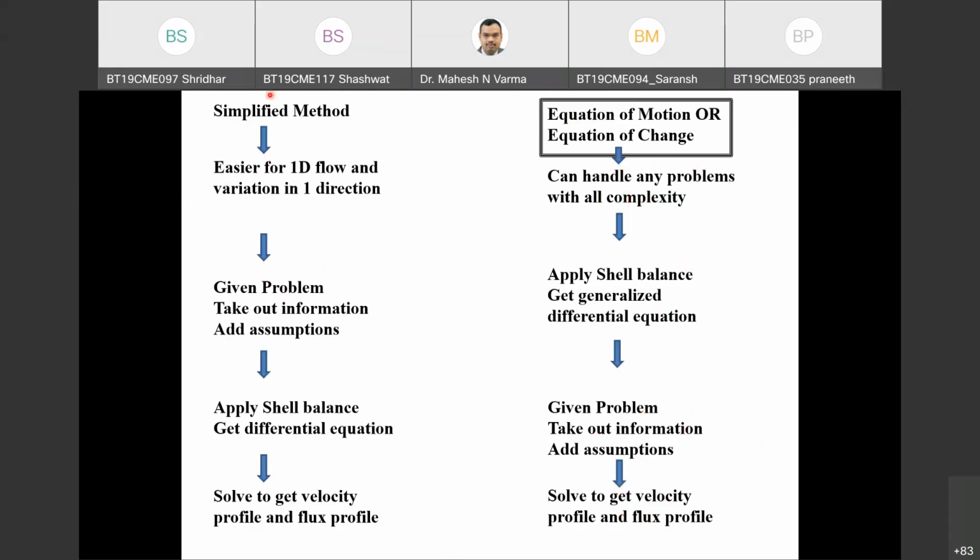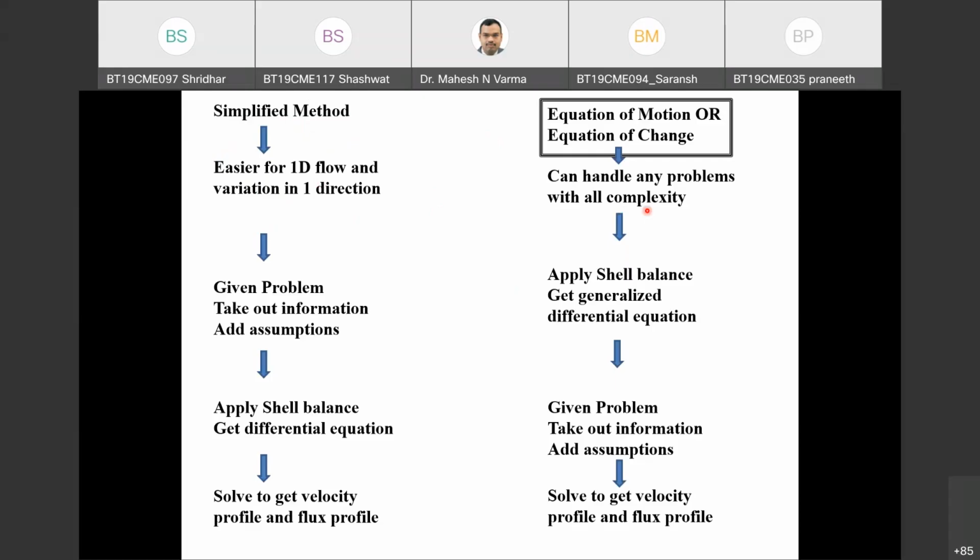The simplified shell balance approach may not be able to handle effectively two-dimensional flow and variation in more than one direction. So that's what we were discussing, the equation of change.